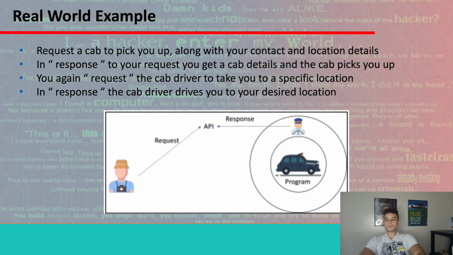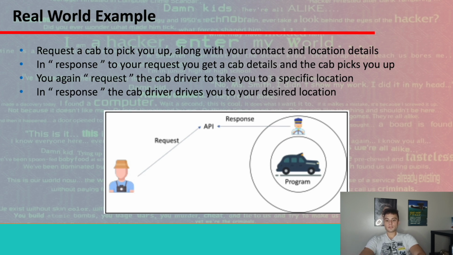And let me give you a little more detailed example so you can better understand what an API is. Here we're going to look at a day-to-day situation. In order to get a ride with a cab, you need to do the following. The first thing you will do is request the cab to pick you up, and you will need to provide your contact information and location details.